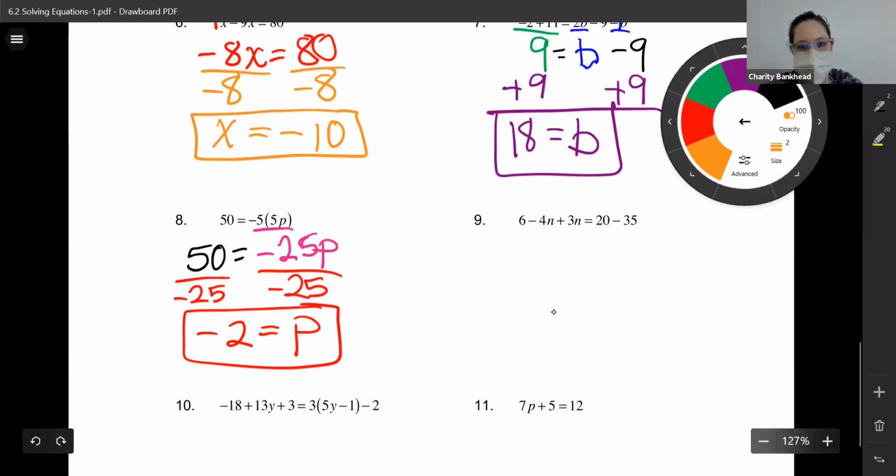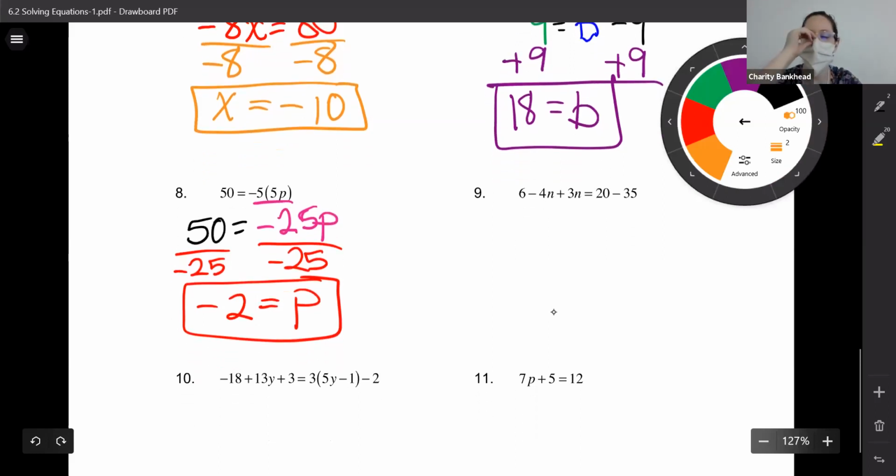Okay, number 9, I also need to simplify both sides first. So let's see, I've got negative 4n plus 3n, which would equal negative 1n, or in other words, negative n, either way. I guess I'll just write negative 1n for right now. So I have 6 minus 1n equals, and then I can also combine these. 20 minus 35 would equal negative 15.